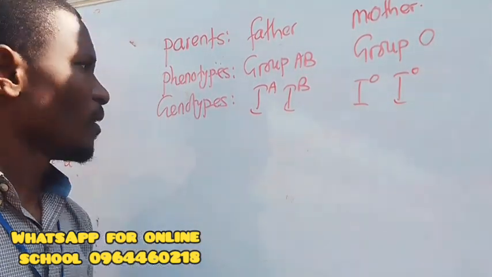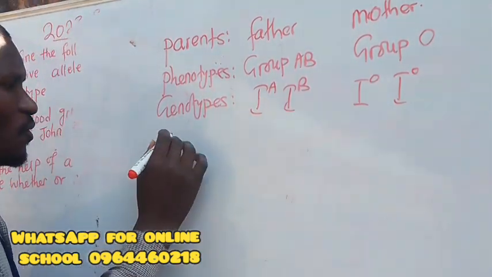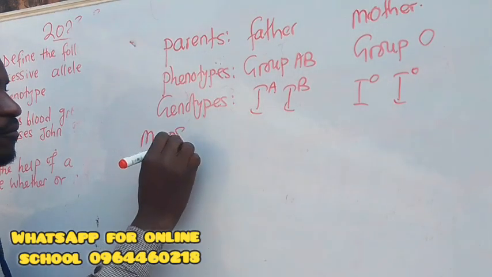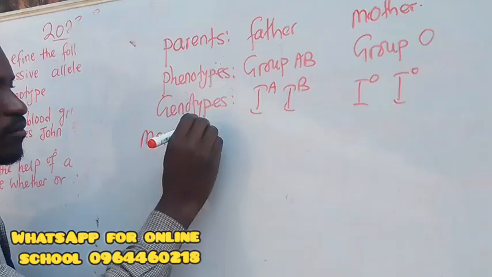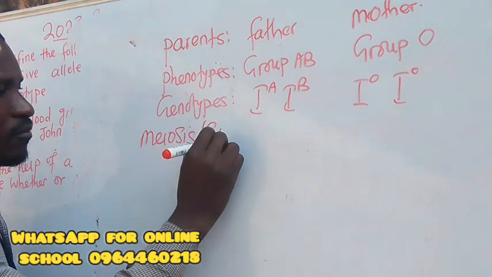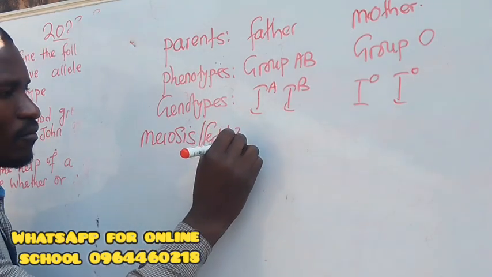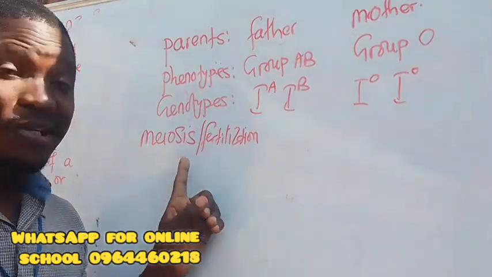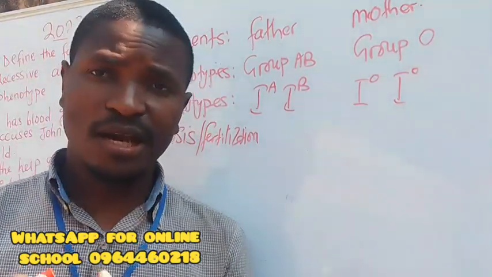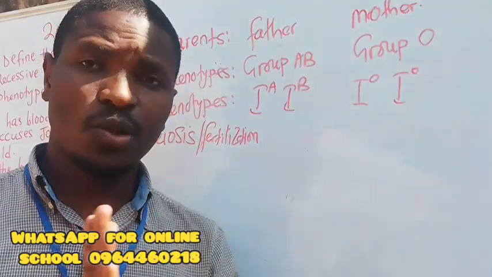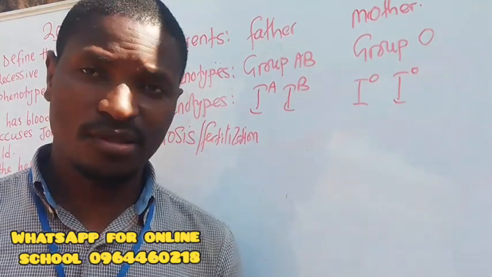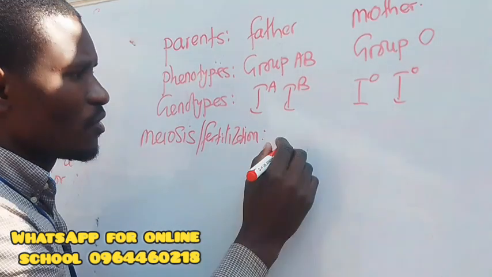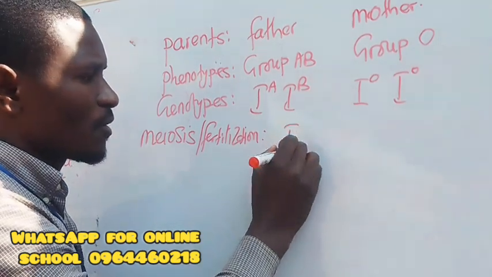And from there, we are going to have gametes. This part is what we call meiosis as well as fertilization. Either way is correct.